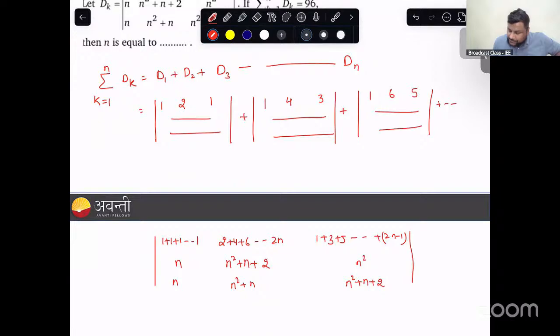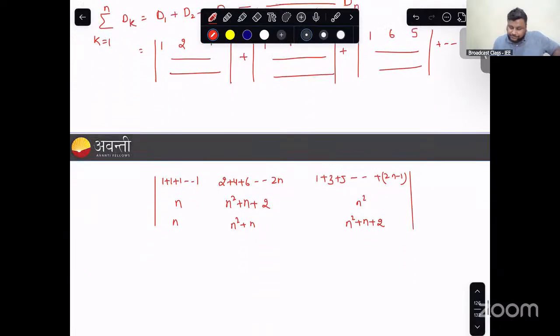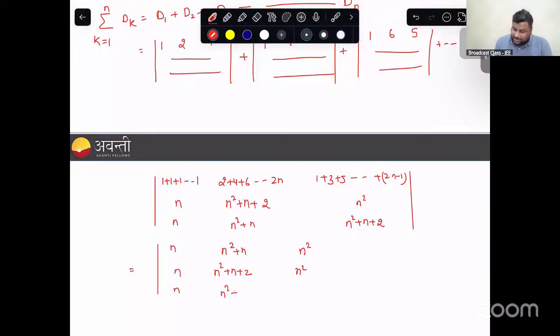Am I correct? Now see, first row, first column, 1, 1, 1, n. This is n into n plus 1, means n square plus n. And this will be the third element, sum of first n odd natural numbers. This will go n square. Then n square plus n plus 2, n square, n square plus n square plus n plus 2. This is what you got.